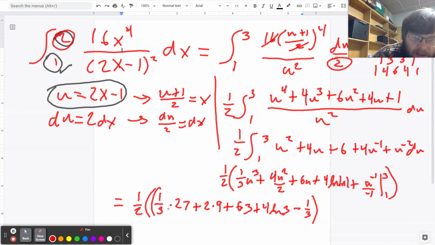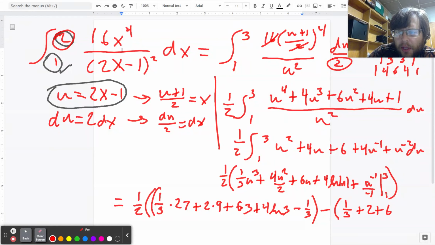All of this minus plugging in 1: 1/3 plus 2 plus 6. Natural log of 1 is 0. Minus 1.